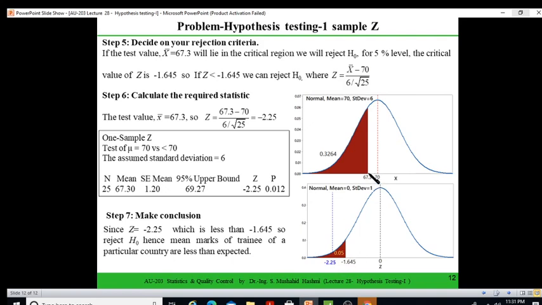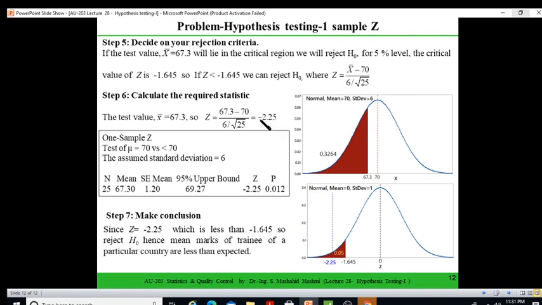So minus 2.25 is much smaller than minus 1.645. So we can say that its lower bound is going towards 0, and its upper bound is going up to 69 point something, but we don't need to go into that, just look at the Z value.